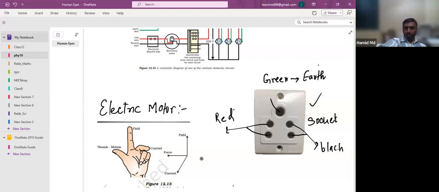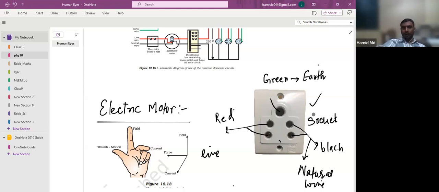Red is called the live wire. That's why we say don't touch the live wire. If you touch the live wire, you may be in trouble. And we shouldn't touch the neutral wire as well, because we don't know what may harm us.